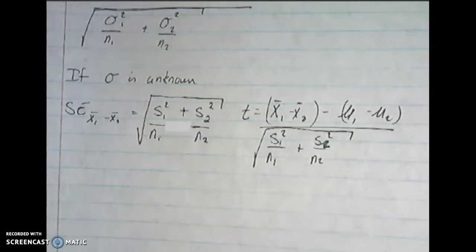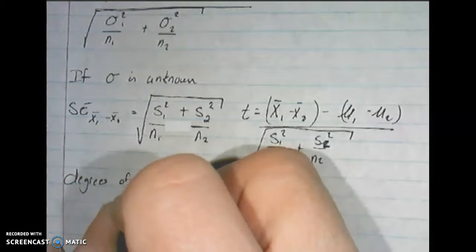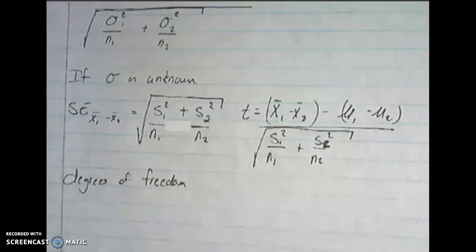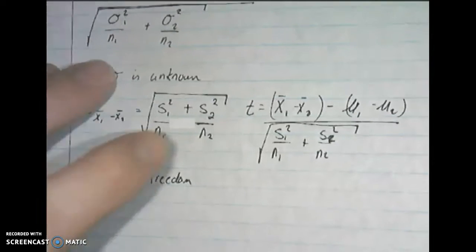All right. So then, to do our degrees of freedom, we have two choices. Okay? We have this technology one. So s1 squared divided by n1 plus s2 squared over n2. Then we got to square that whole thing.